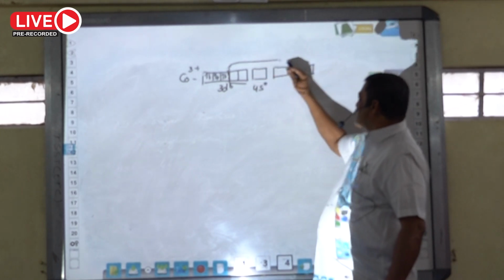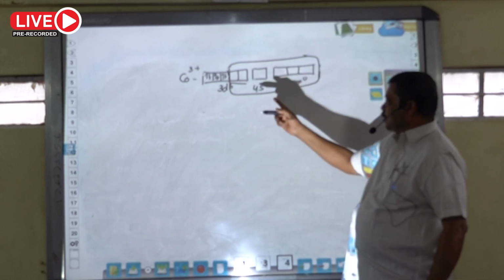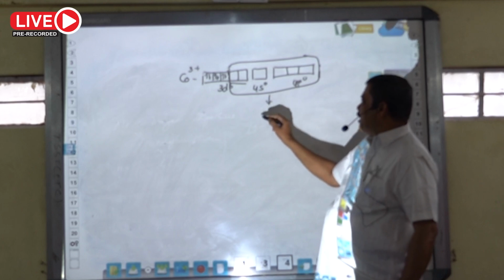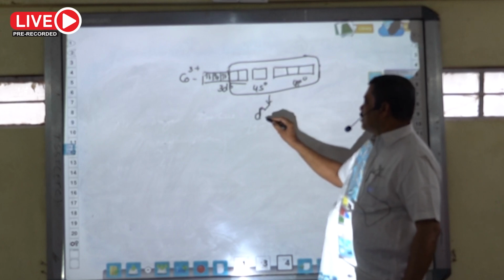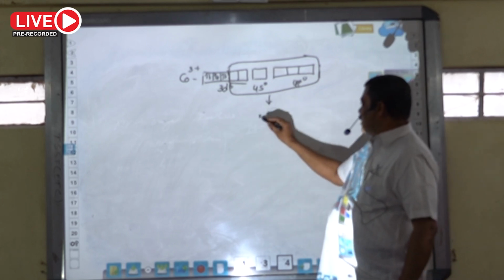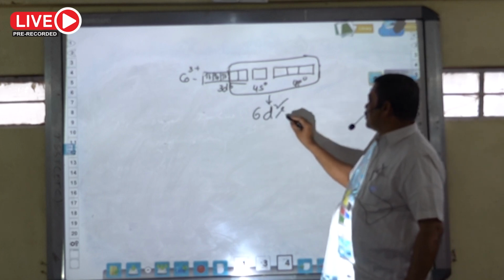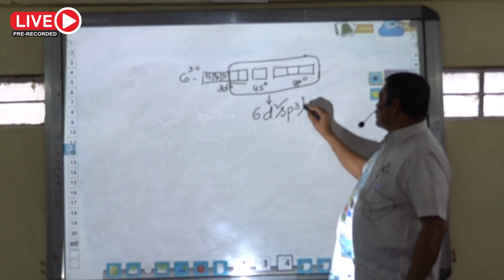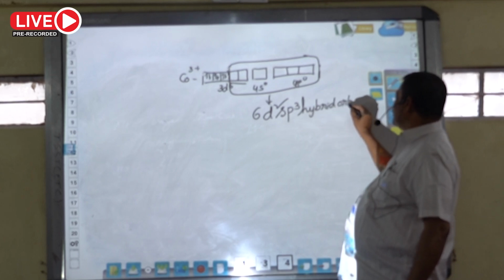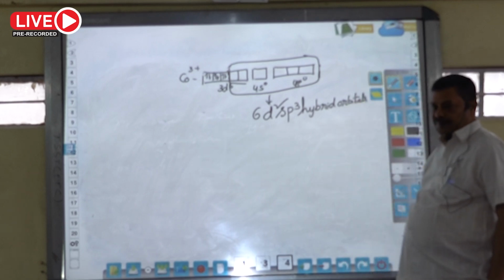Now which orbitals are going to hybridize? (n-1)d, s, p3. So the hybridization will be d2sp3, 6 d2sp3 hybrid orbitals will be formed.